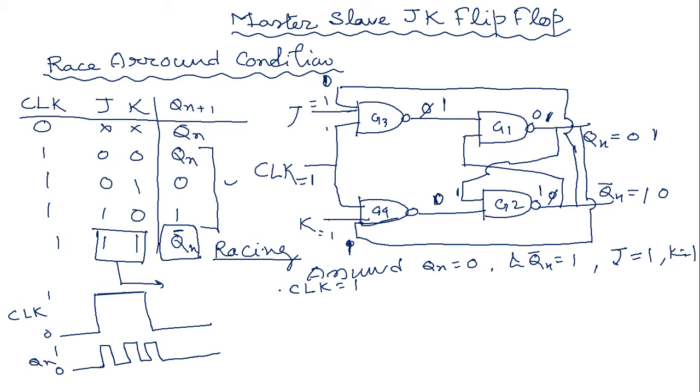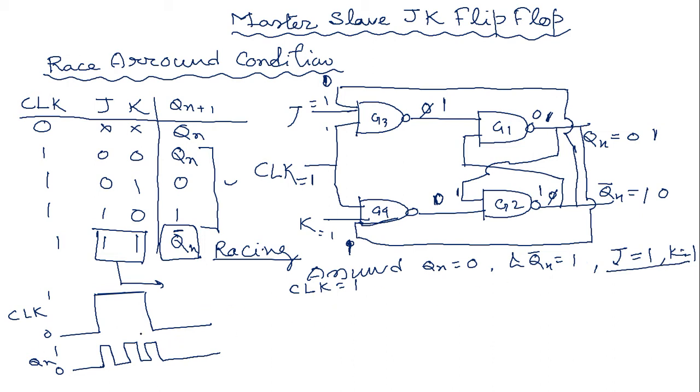Because it's level triggered, when the clock is at level 1, the circuit is in on condition, otherwise the circuit is in off condition. So we obtain the previous output whenever clock is 0. So that is the condition when J equals 1, K equals 1.